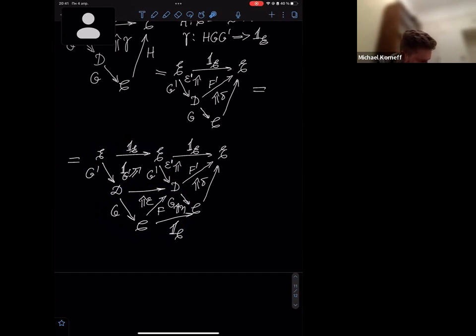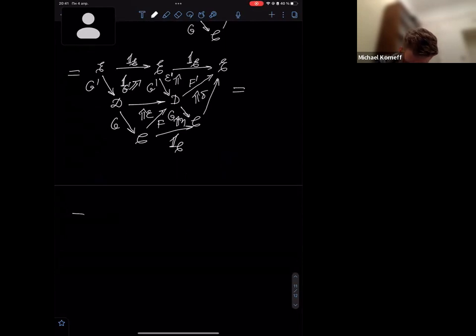The second to the first to the second, I don't remember. Okay, and we now combine these pieces of the diagrams, this quadrilateral and this triangle, and we will obtain the following.